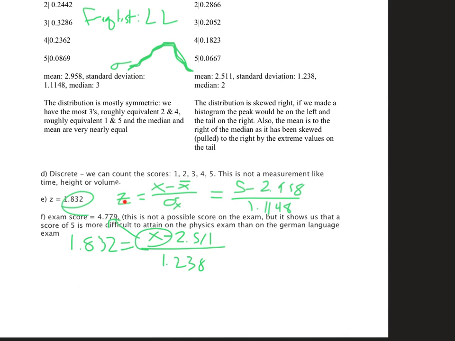Because on physics it takes 4.779, whereas on German it took a 5. And so, as I said here, you can't actually get a 4.779, but that's just showing that if a 4.779 has this z-score, then a 5 would have an even greater z-score, showing us that it's even more difficult to get a 5. And there's other ways that we could have seen it's more difficult to get a 5. You could just see it, but that's kind of what z-score is about here.